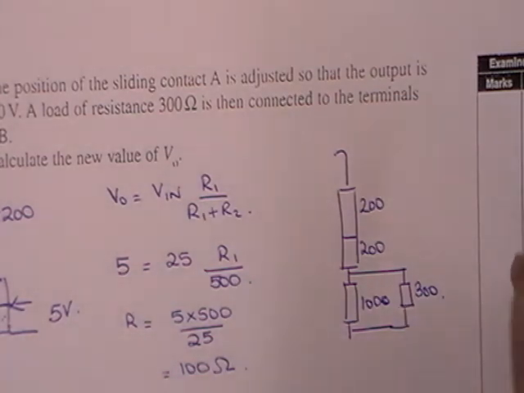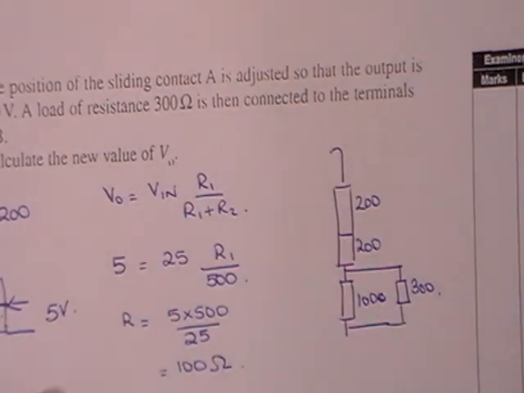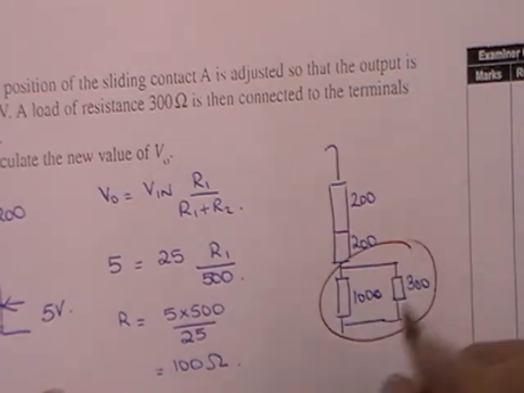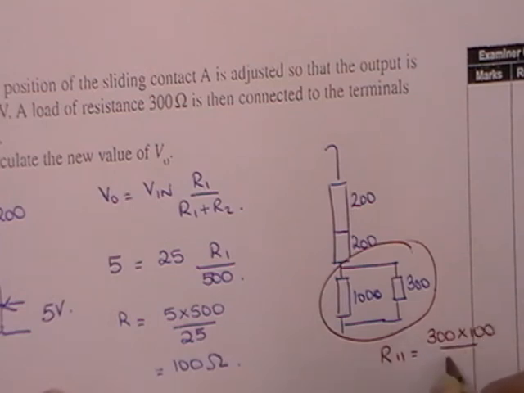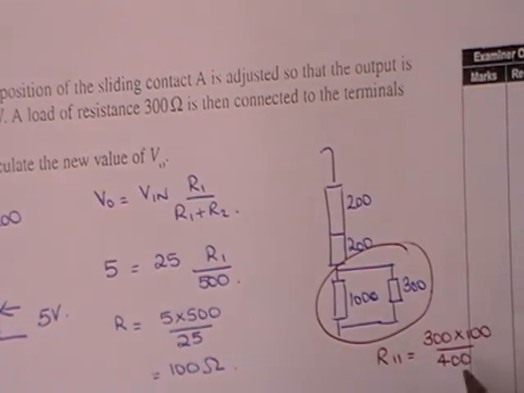Okay, so you have to calculate the resistance of the parallel bit first. So the resistance of the parallel bit is 300 times 100 over 300 plus 100, which is 400. And that's going to be 30,000 over 400. And so that's 75 ohms.